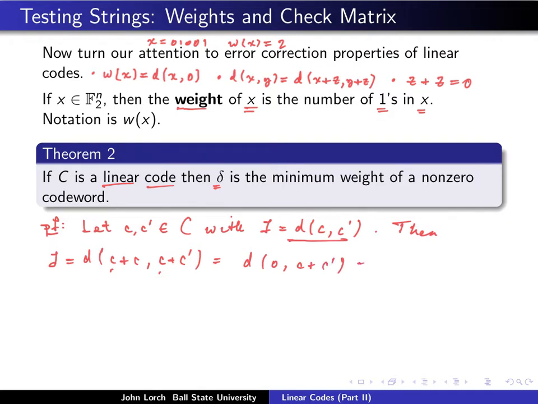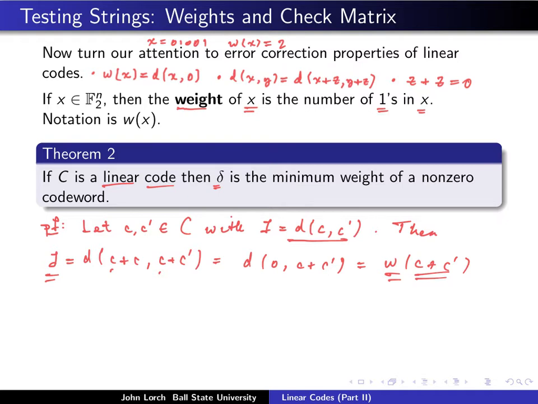But this is just the weight of c plus c prime. So that says that our delta is the weight of some non-zero code word. Now, c plus c prime must be non-zero because c and c prime are not equal.